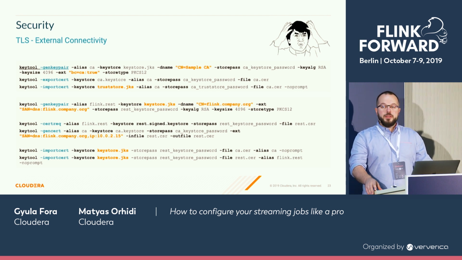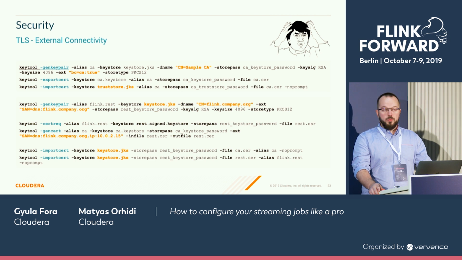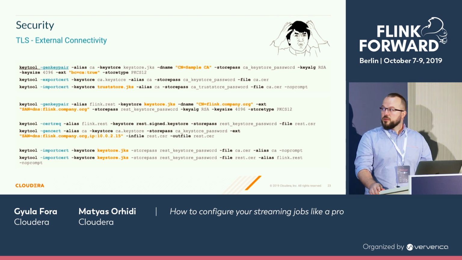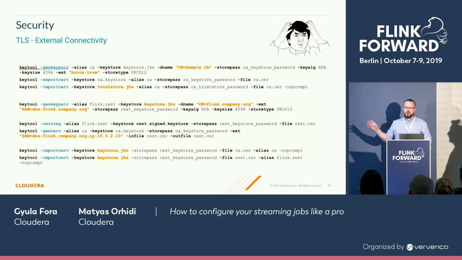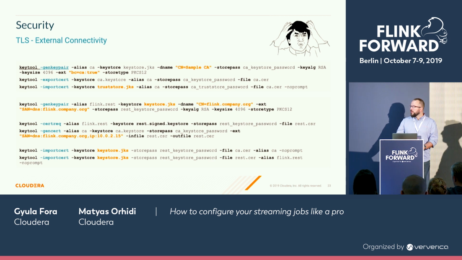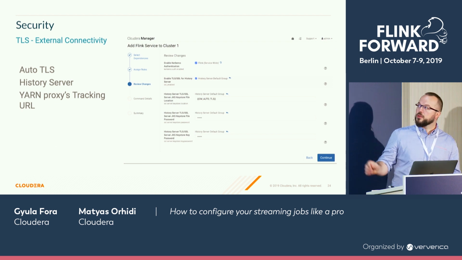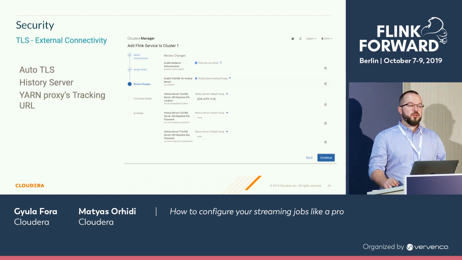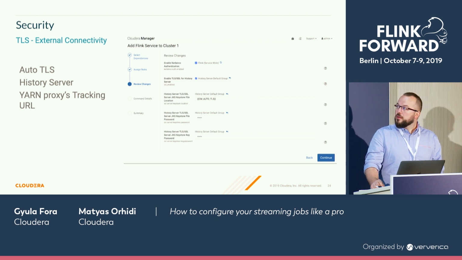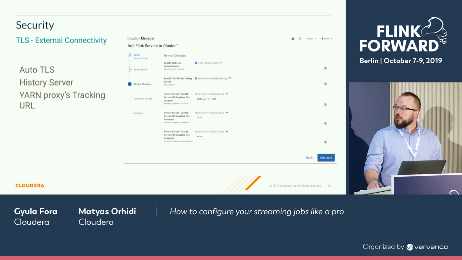Things get complicated if you have hundreds or thousands of nodes, which is a common setup on our platform. So it's better to somehow automate this functionality, either by creating your own cert toolkit or by leveraging our latest feature from Cloudera Manager. This is how it works now in Cloudera Manager with the auto-TLS function. Enabling Kerberos authentication is also supported by a wizard, so it's a single-click solution in Cloudera Manager.